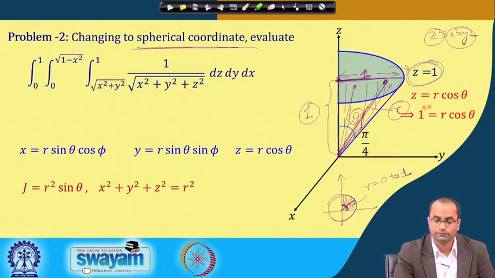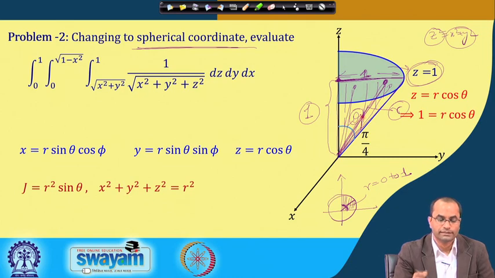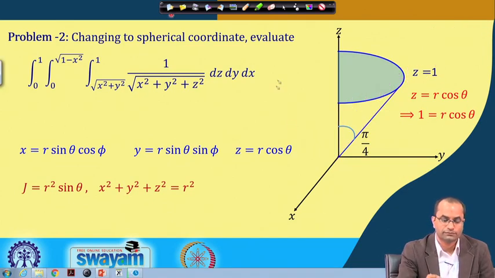So, the r will be given by 1 over cos theta, and this theta we have discussed already 0 to pi by 4, and for phi we have discussed that it will go from 0 to pi by 2. So, this was for r, phi and theta, we have discussed for all.